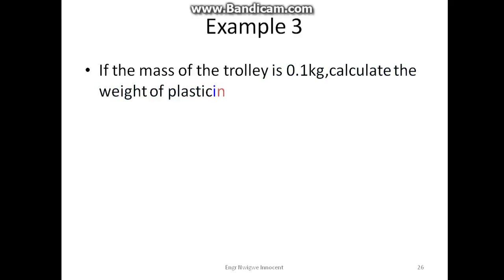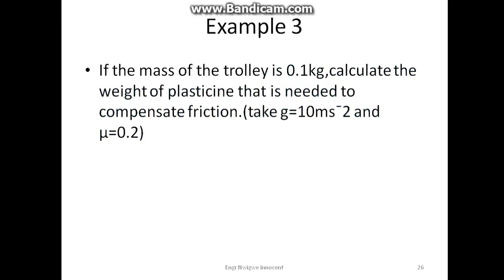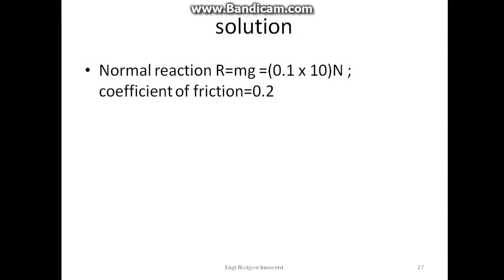Example 3. If the mass of the trolley is 0.1 kg, calculate the weight of plasticine that is needed to compensate friction. Take gravitation equal to 10 meters per second squared and coefficient of friction mu equal to 0.2. Solution. Normal reaction R is equal to mg, which is 0.1 times 10 Newton.